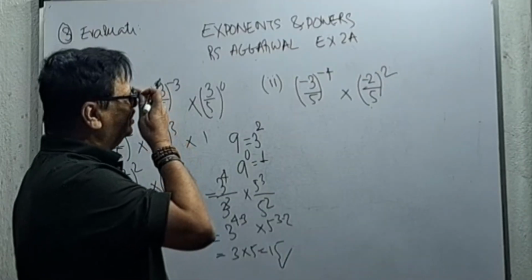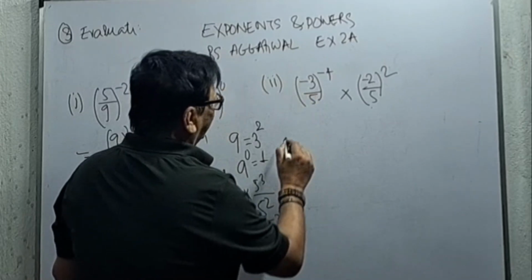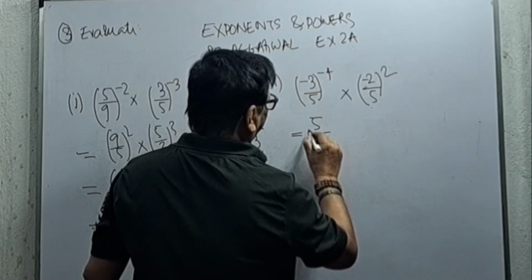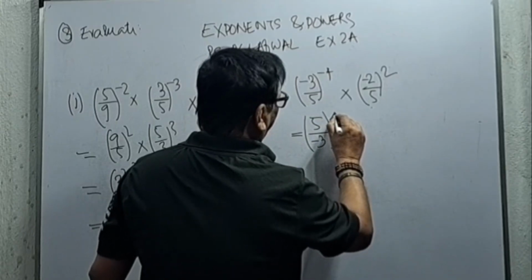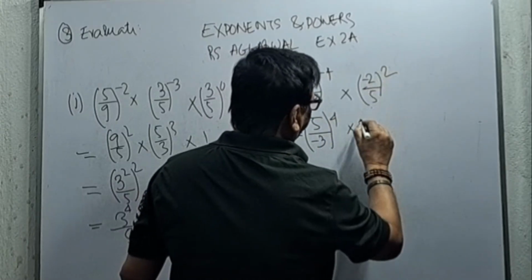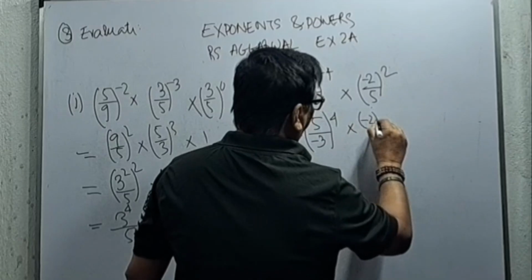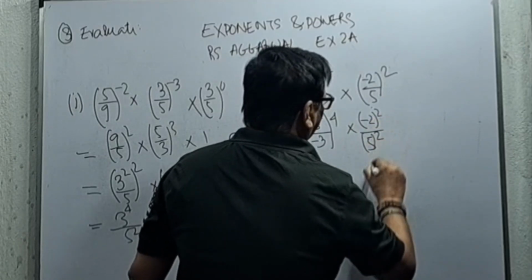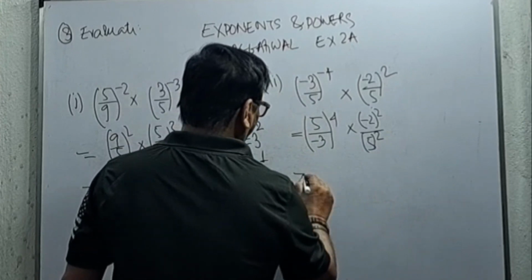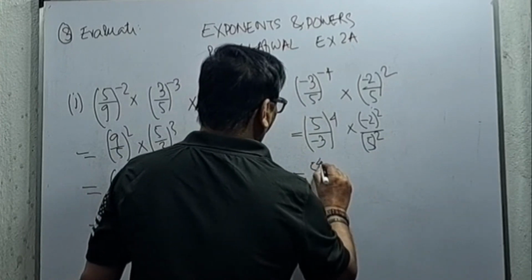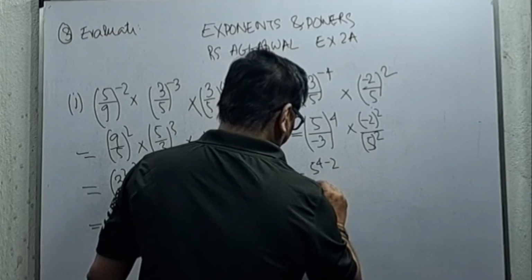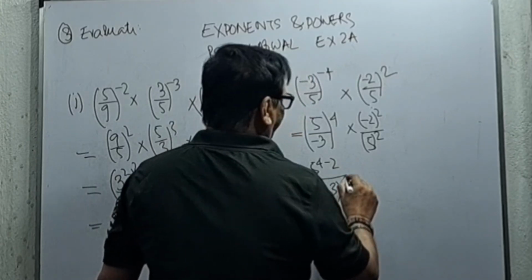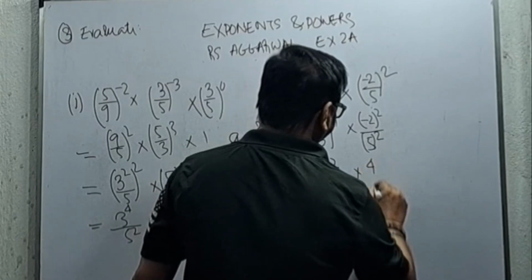Now coming to question number 2. So we make the index positive. So 5 by minus 3 to the power of 4. Now I distribute this power, minus 2 to the power of 2 divided by 5 to the power of 2. Agreed? So we can write this as 5 to the power of 4 minus 2 divided by minus 3 to the power of 4 times 4.